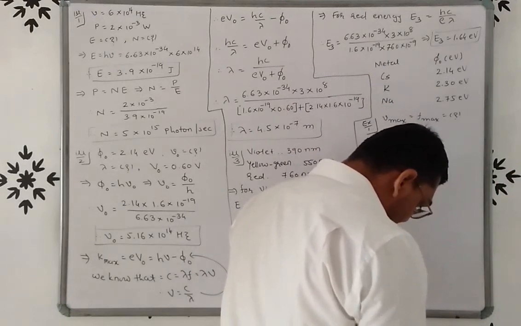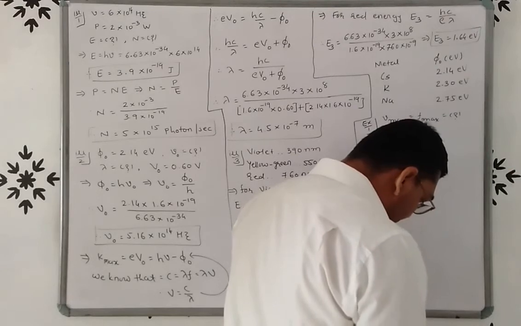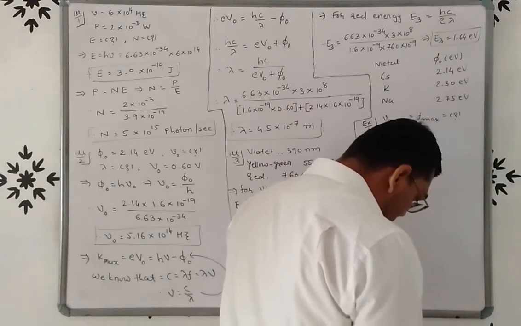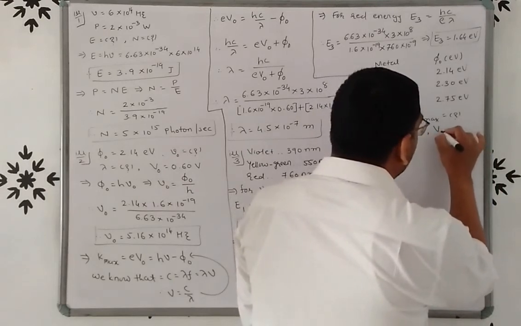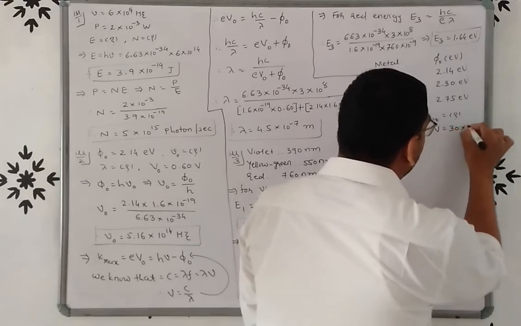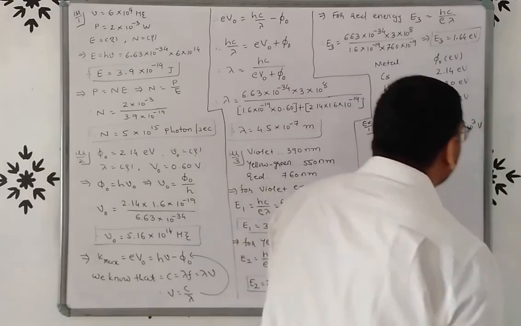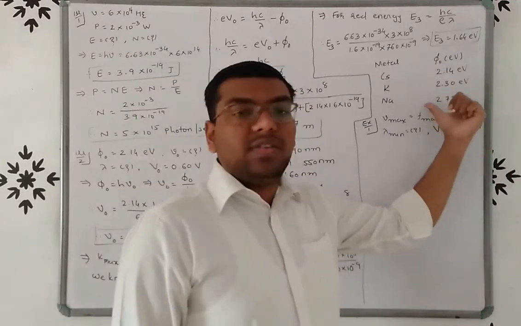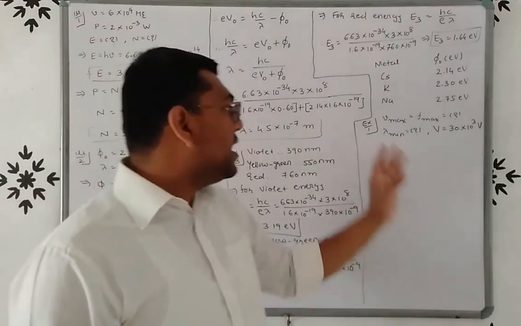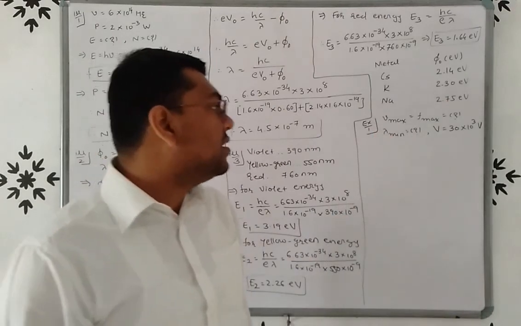The potential is given, that is V equals 30 kilovolt, so 30 into 10 raised to 3 volt, right? So here friends we have to find out the maximum frequency and minimum wavelength.